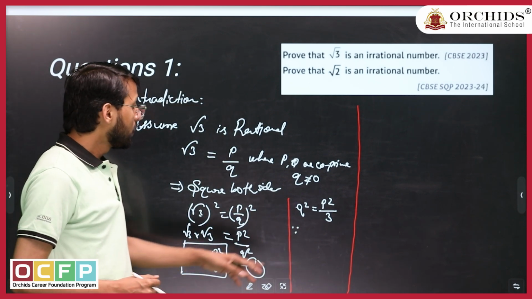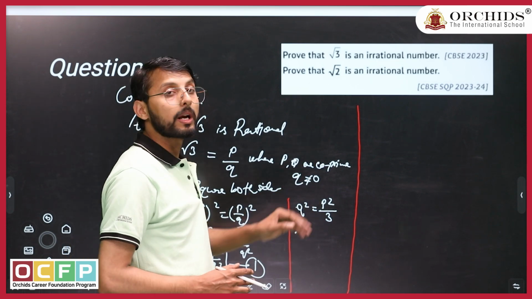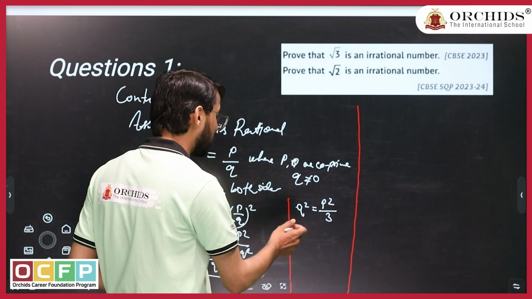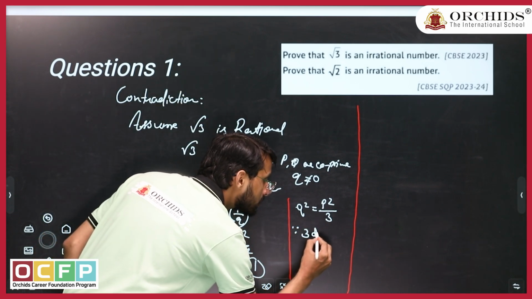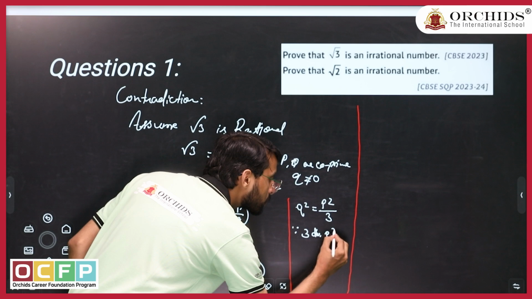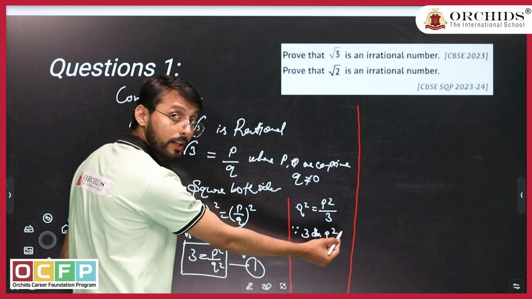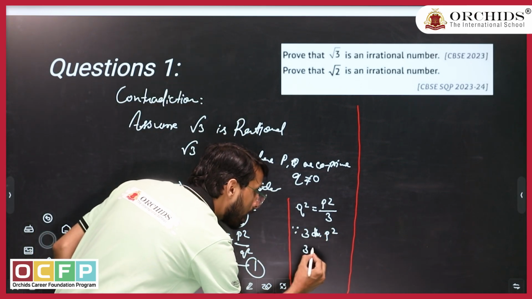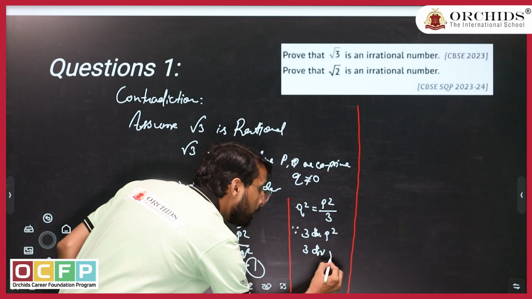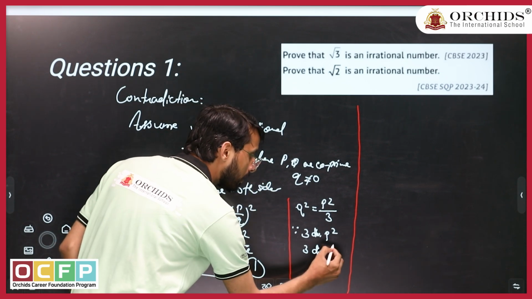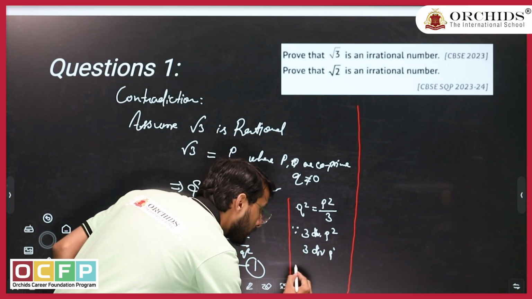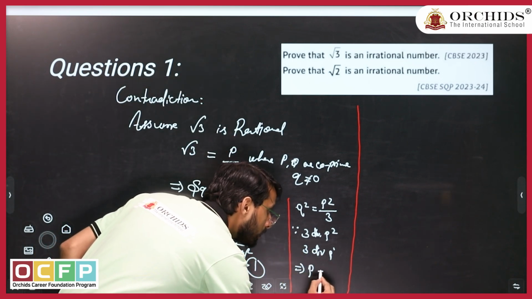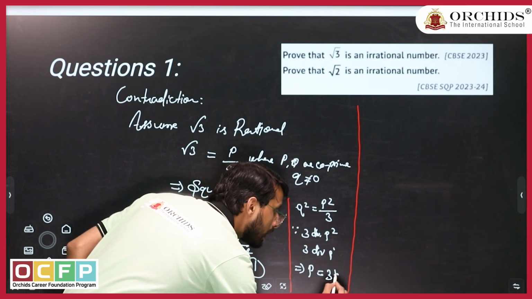Since p and q are co-prime, 3 divides p square. If a prime divides p square, then that prime will definitely divide p also with power 1. And if a number is divisible by 3, we can write that number as 3 times k1.